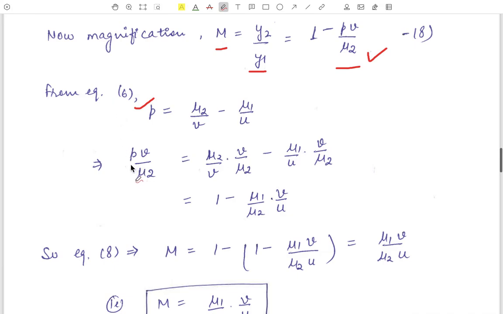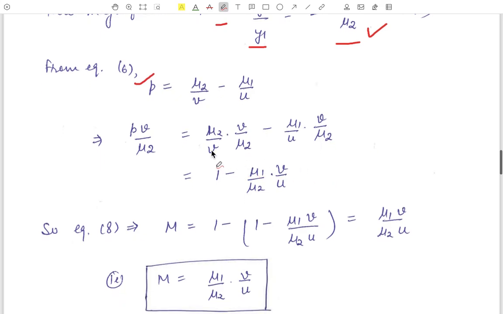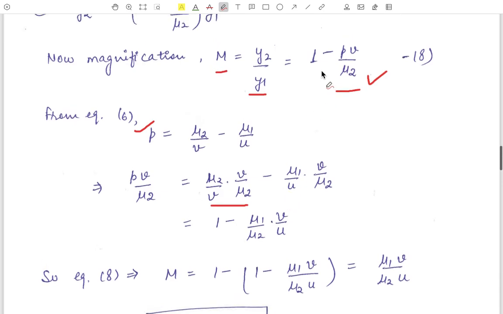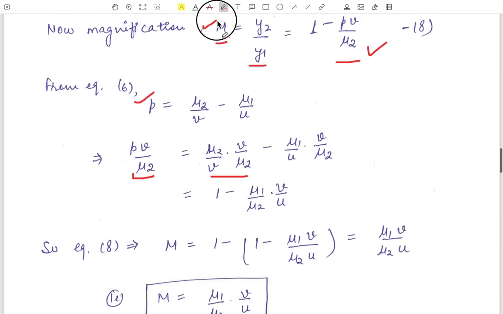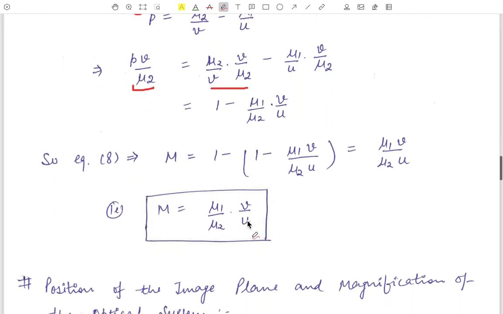So we get pv, v से मल्टीप्लाई एंड mu2 से डिवाइड हम लोग यहाँ पर अगर कर देते हैं तो pv upon mu2 is equal to mu2 upon v into v upon mu2 minus mu1 upon v into mu1 upon u into v upon mu2. अपॉन सिंप्लीफिकेशन यहाँ पर हमारे पास क्या बचेगा, 1 minus mu1 upon mu2 into v upon u. So in the magnification 1 minus pv upon mu2, value of this pv upon mu2 from this equation we get, in this equation magnification m, we get the magnification to be equal to mu1 upon mu2 into v upon u.